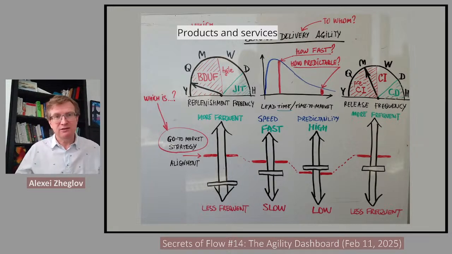And those things need to operate at a certain scale of frequency or time. And if our current frequencies and times and predictability aren't in line with what that chosen strategy implies, then basically we need to improve that. And in this particular hypothetical situation, highlighted with red lines on the diagram, the most important improvement would be increasing the frequency on the intake side.